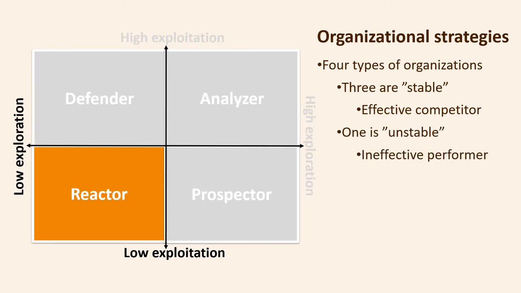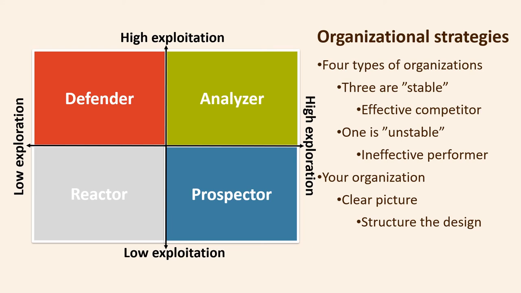On the other hand, if management does not pursue one of these pure strategies, then the organization will be slow to respond to opportunities and is likely to be an ineffective performer in its industry. These organizations are called reactors, and they are essentially unstable.